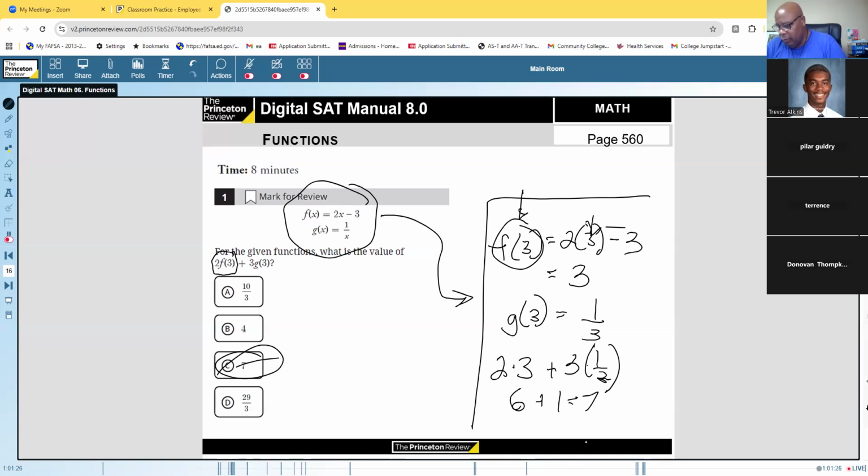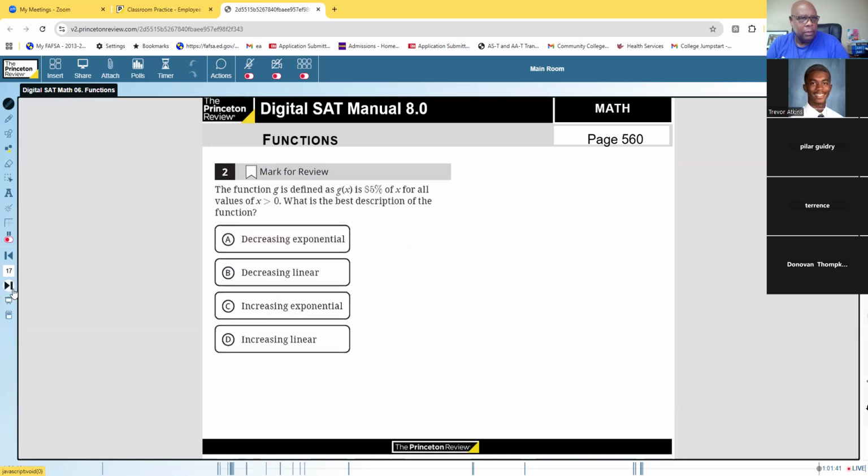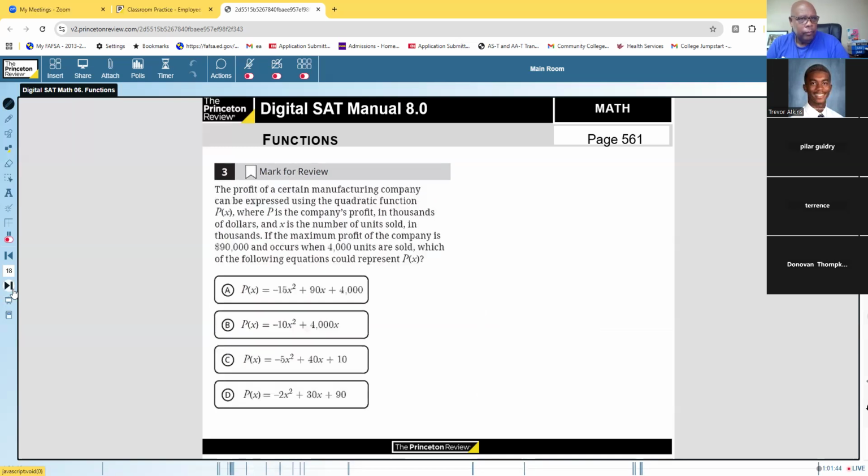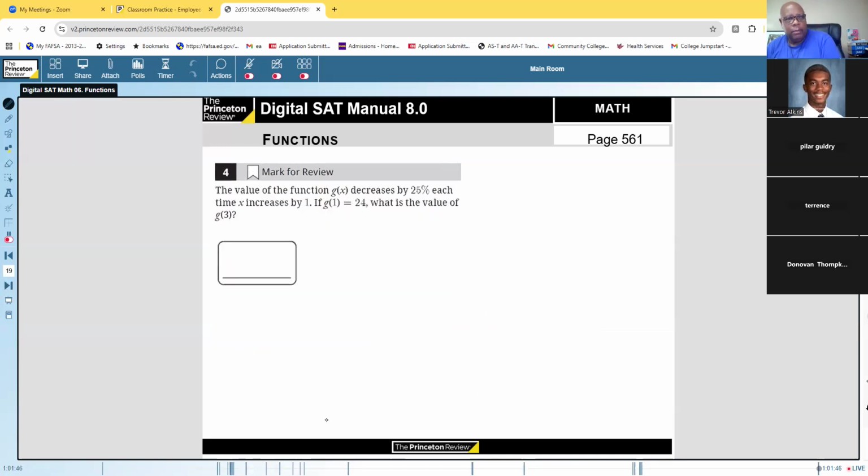The value of the function g of x decreases by 25% each time x increases by 1. If g of 1 equals 24, what is the value of g of 4? Okay, so that means, I'm sorry, I need to change my page. So that means that when x is 1, it's 24. When x is 2, it's 24 minus what, Pilar?